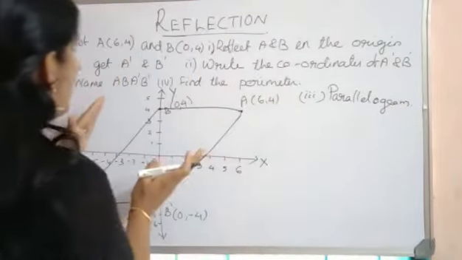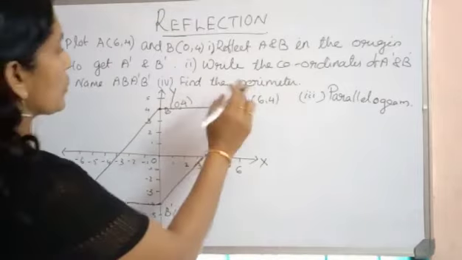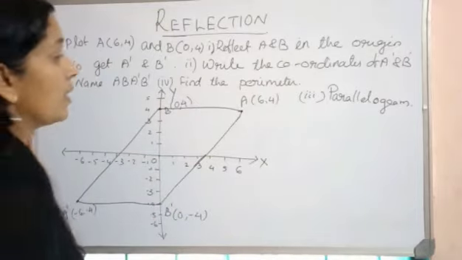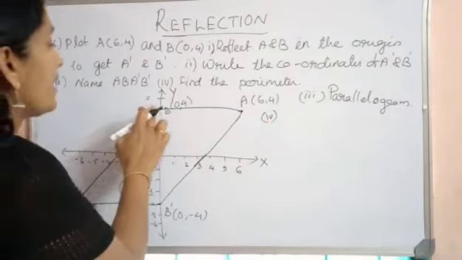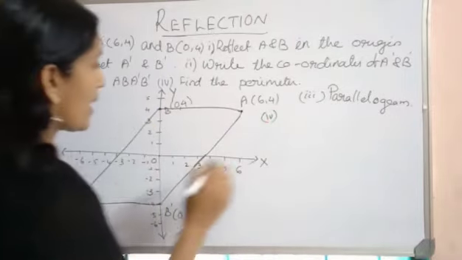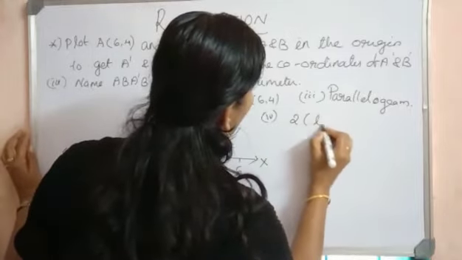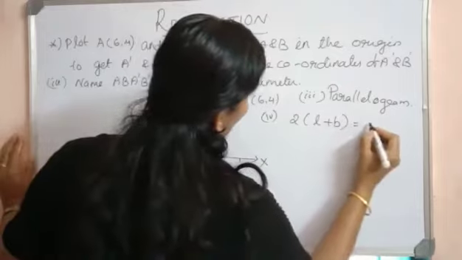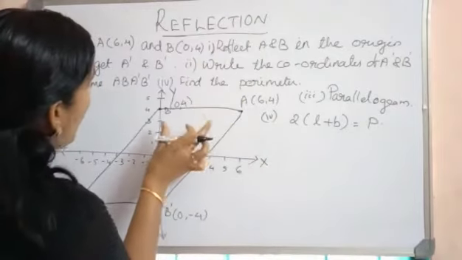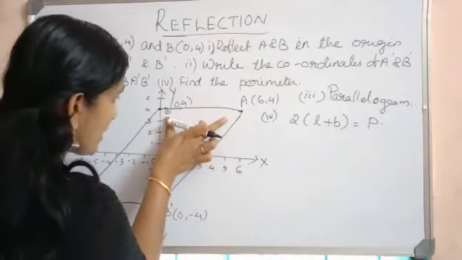So we got the geometrical figure here, and the last part of the question is to find its perimeter. To find the perimeter, we need to find the length of all the four sides, and we can use the formula 2 into L plus B, length and breadth, and you can get the perimeter. Here if you find the length of AB, you can see it as 6 units.